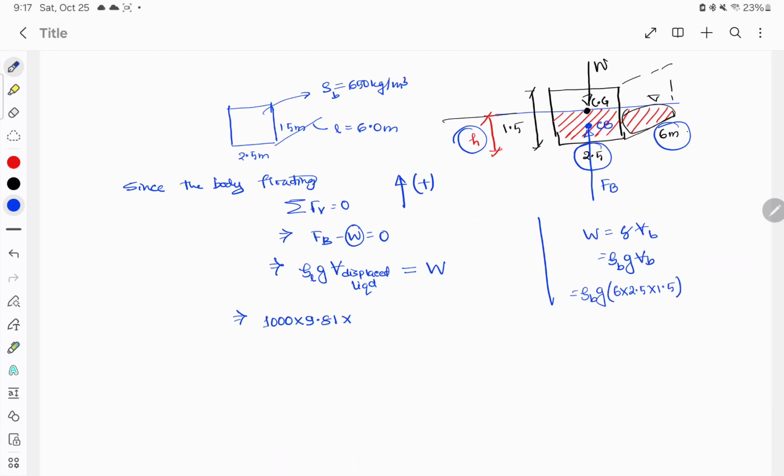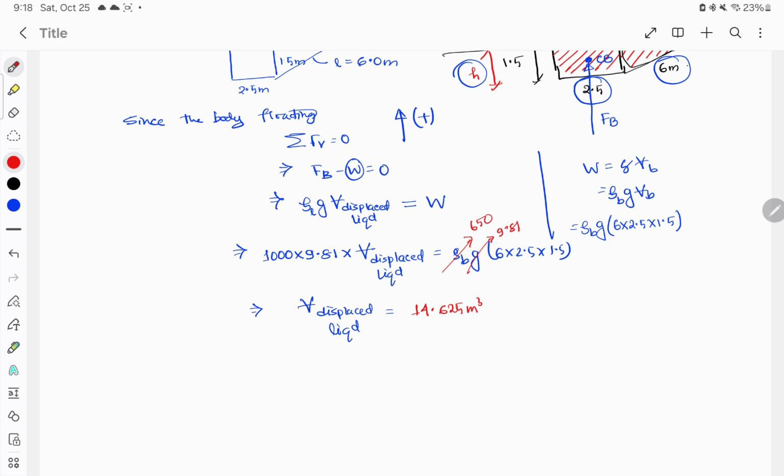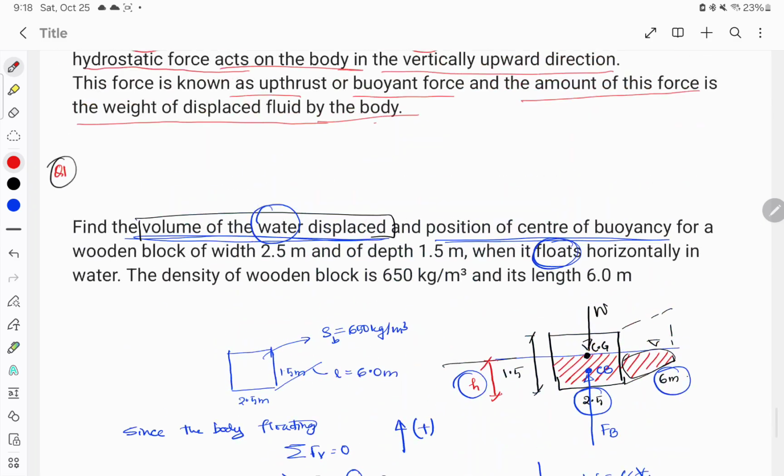First we have to calculate h. They have asked us to calculate the volume of liquid displaced, so we will first find that out. I'm just putting the numbers, and after finally solving, the volume of the liquid comes out to be 14.625.